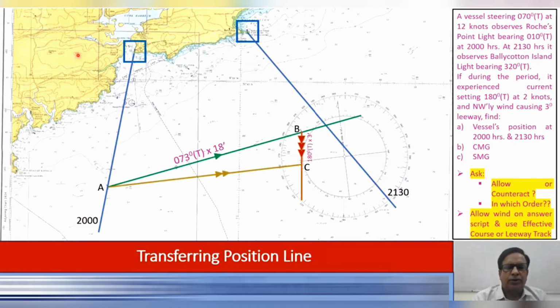Now A to C becomes the course made good, and point A is transferred to point C. Why?